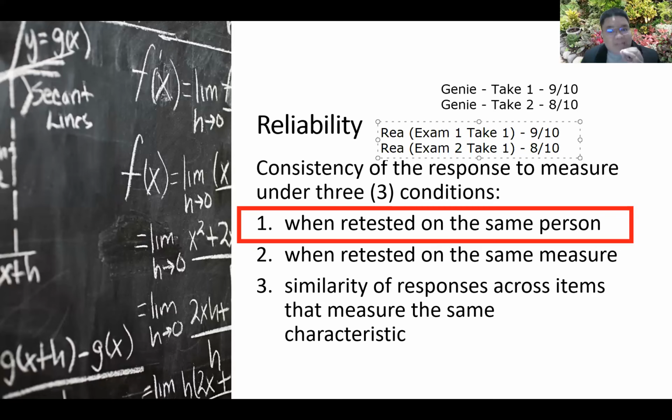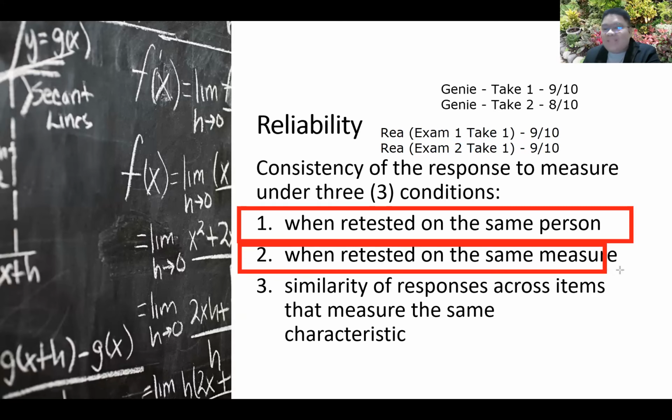If these two exams provide the same measure, for example, exam 1 is on types of rocks and exam 2 is also on types of rocks, and Rhea consistently scored, for example, 9 out of 10 on both exams, it means that my exam is reliable when retested on the same measure.